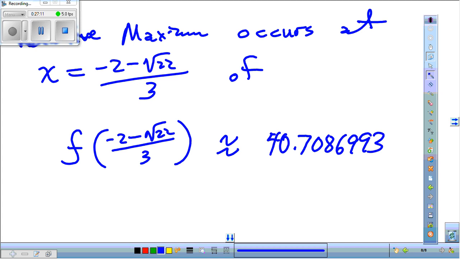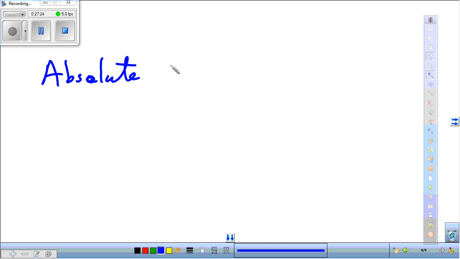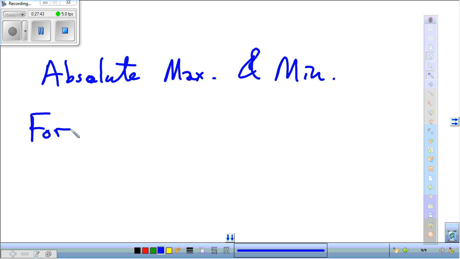So what if we could be more global? Let's look at absolute maximum and minimum. Usually real problems present restrictions.